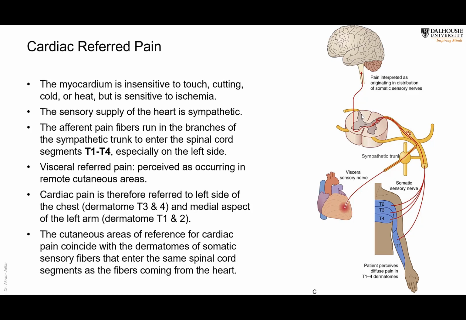So the patient will feel as if the pain is arising from the skin. This is called referred visceral pain. You will have many examples in the body of visceral referred pains, and I'm going to describe many of them during this course. So this is called cardiac referred pain. The patient will feel as if the pain is arising from the skin.